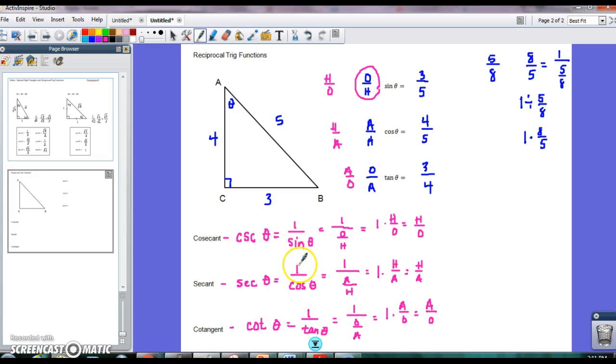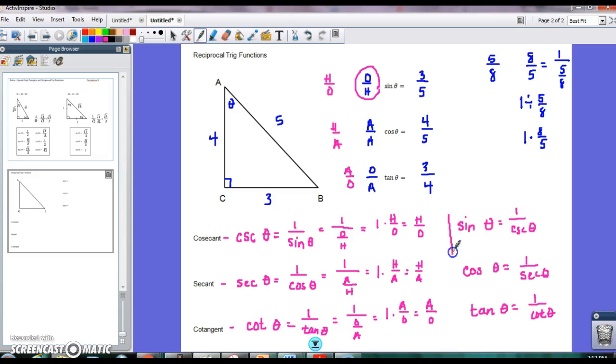So cosecant is the reciprocal of sine, and you can reverse it and say sine is the reciprocal of cosecant. So I could also write this as sine of theta is equal to 1 over the cosecant of theta. And I can say the cosine of theta is equal to 1 over the secant of theta, and the tangent of theta is 1 over the cotangent of theta.